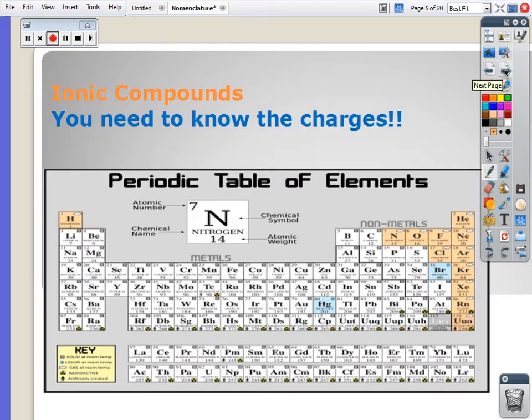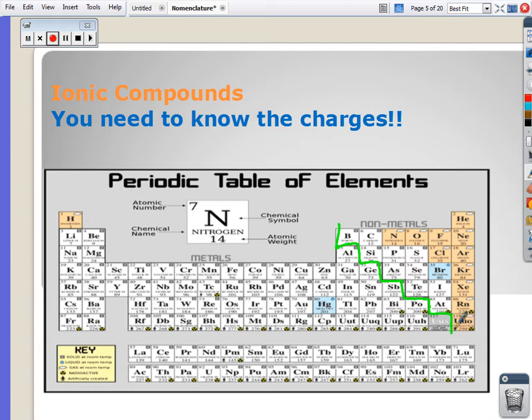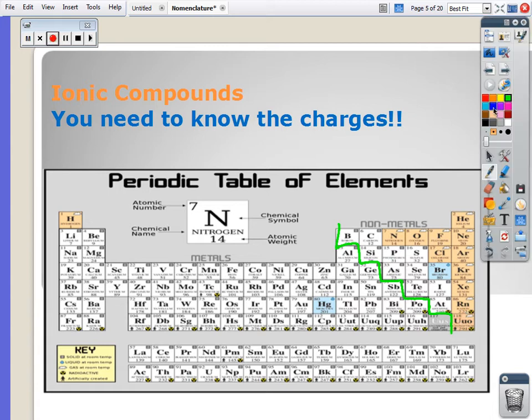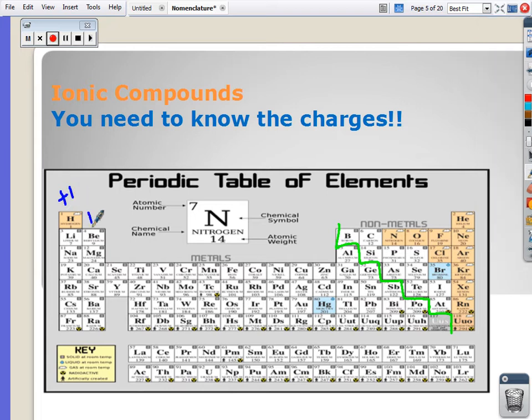Before we begin, you need to understand that there are charges. Again, you know that dividing line between the metals and the nonmetals. These are +1, +2. You'll learn why later. These are different, and we're not going to talk about these right now. These are +3. These are -1, -2, -3.